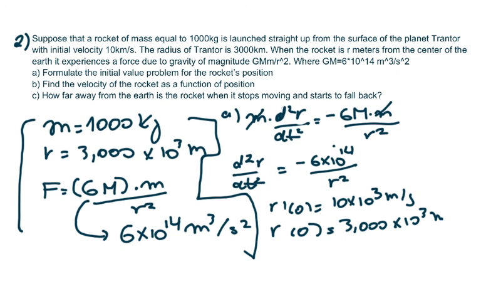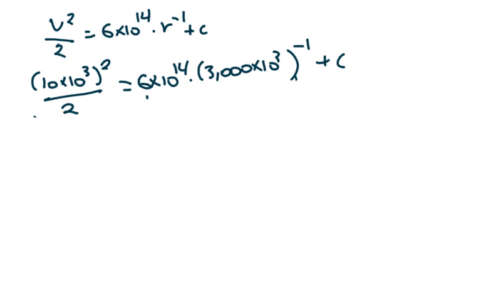But now we got to substitute the initial conditions. So let's go ahead and do so. After substituting the initial conditions, this is what we get. We can pull out our calculators and solve for C. So I got C is equal to negative 1.5 times 10 to the 8th.